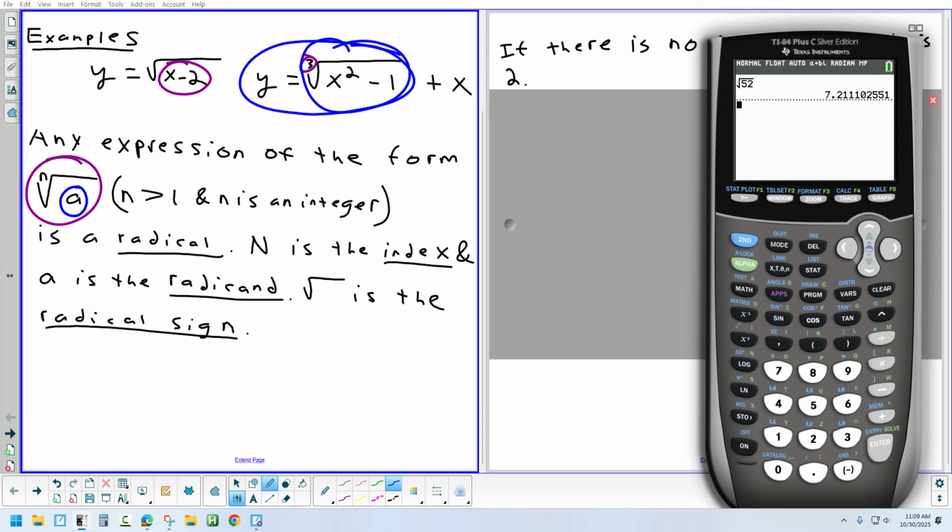Now, instead of writing the square root of 52, there's a power I could raise 52 to and get the same answer. What can you use as an exponent? And it gives you the same result as taking a square root. Yep. 1/2. Raising something to the 1/2 power is exactly the same as taking the square root.